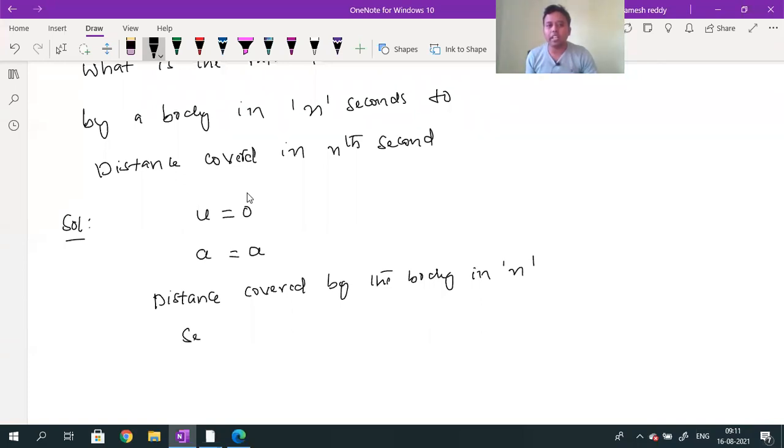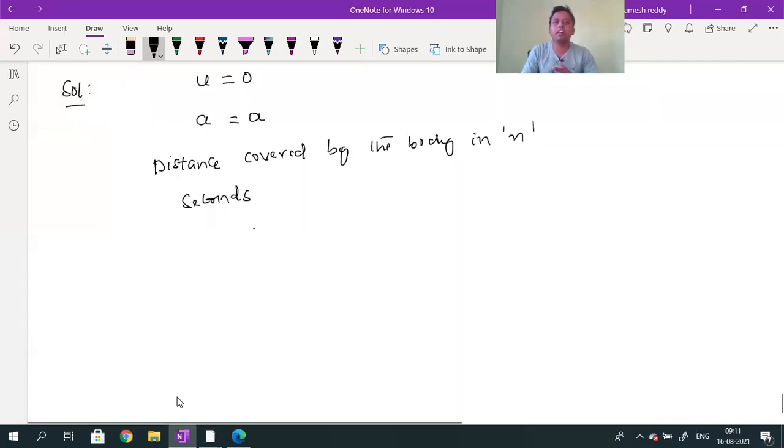For the total n seconds, the distance traveled by the body will be given by S is equal to ut plus half at square. How can we calculate the distance traveled? The distance traveled value can be calculated by the formula S is equal to ut plus half at square. This is the formula to calculate the total distance traveled.